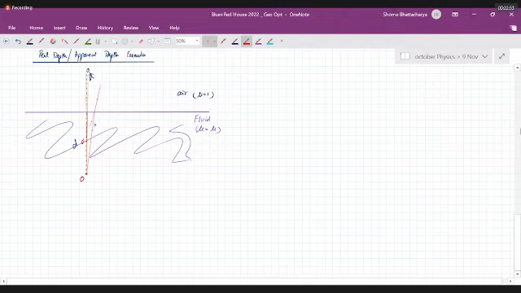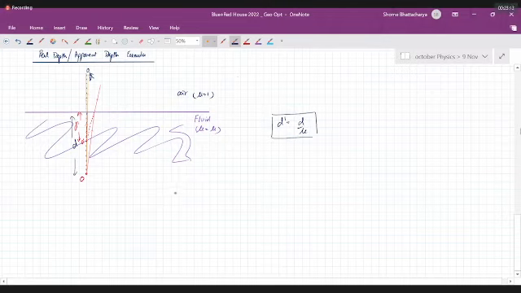It will appear to be coming from the same point, O prime. So if O prime is at an apparent depth of D prime, whereas the actual object was at a real depth of D, then we had seen that D prime was equal to D divided by the refractive index of the fluid.